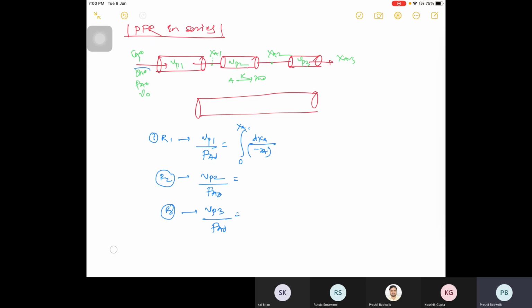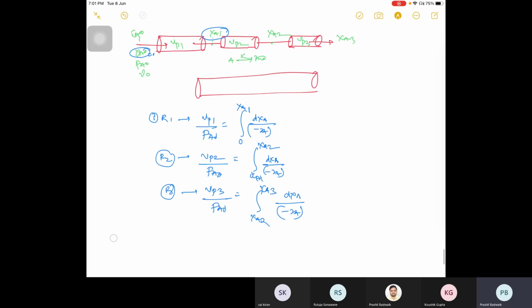In this reactor we are getting Xa1, and Xa0 is 0. So we will be having limits 0 to Xa1. In the second reactor, what will be your limits here? Rutuja? Xa1 to Xa2, right. In the third case you will be having Xa2 to Xa3, dXa divided by minus Ra.